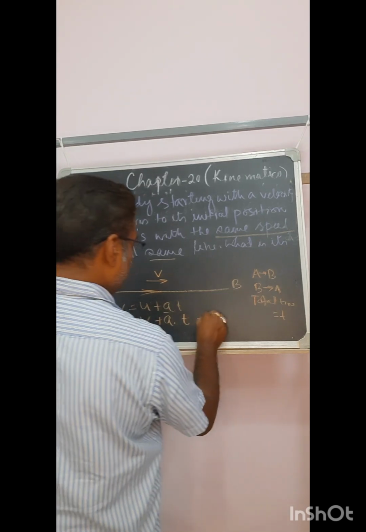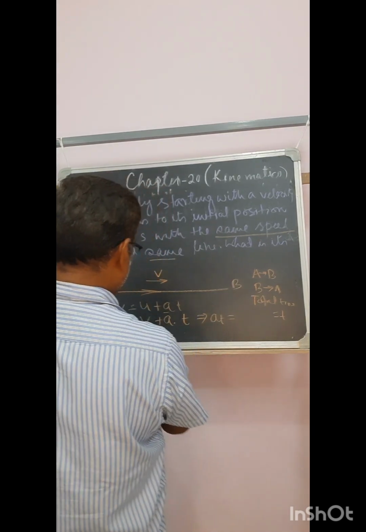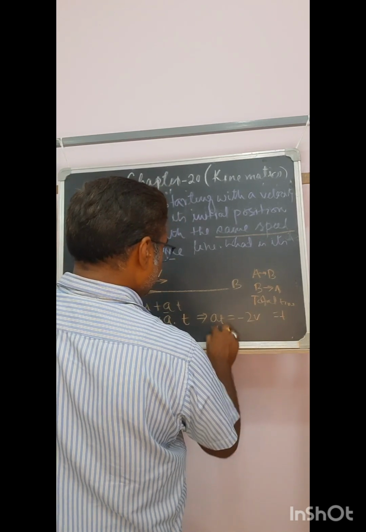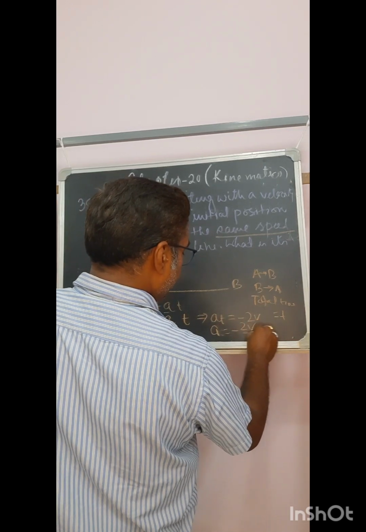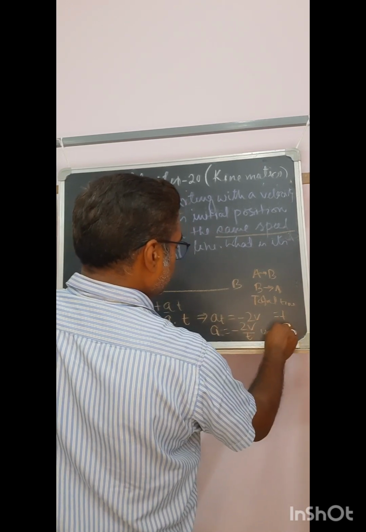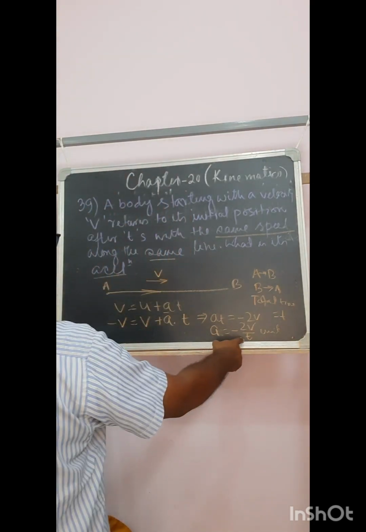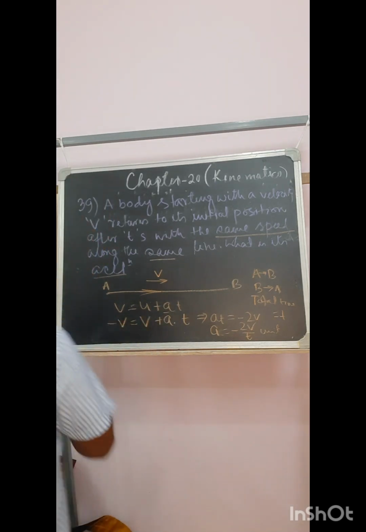So from here we can say that at is equal to minus v minus v, that is minus 2v. So the acceleration will be 2v by t. If no unit is given, you have to write the unit. So this is the value when it is written for the same speed.